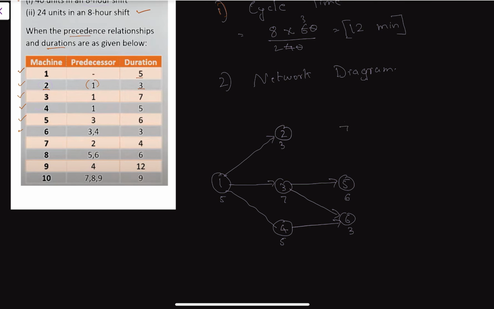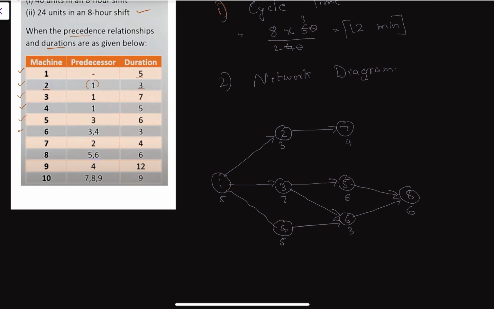So let us draw 7 here. The duration of 7 is 4. Then you have operation 8. It will start only after 5 and 6, as given here, and it has a duration of 6.